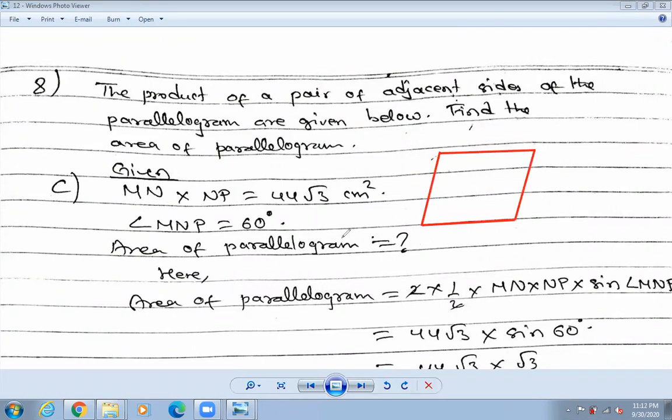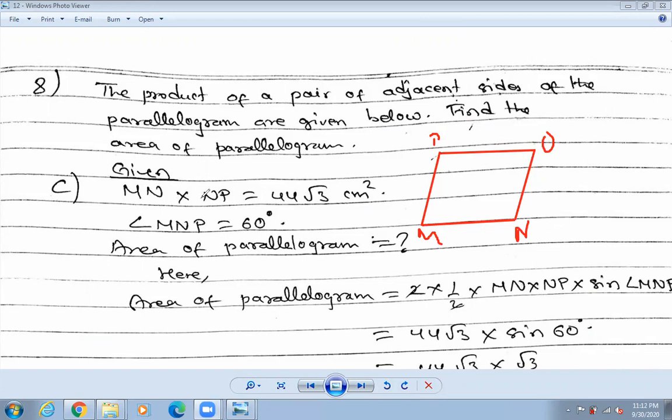Suppose this is MN, then OP. Rotating, we write MNOP. It should be rotating, MNOP. Got it?